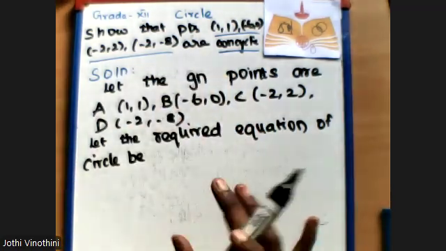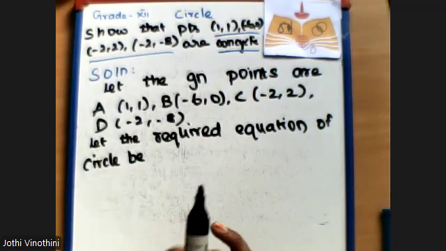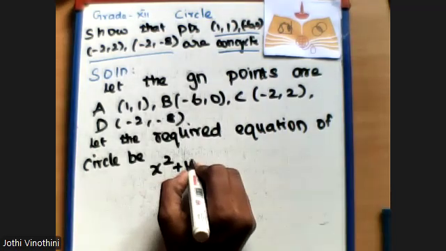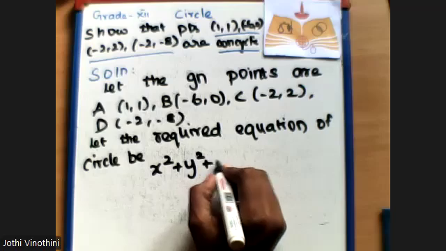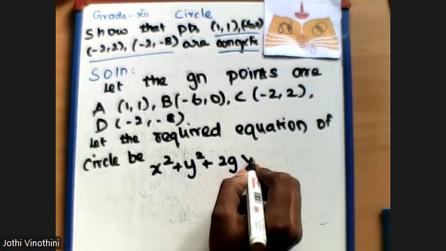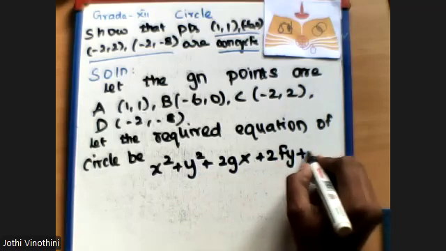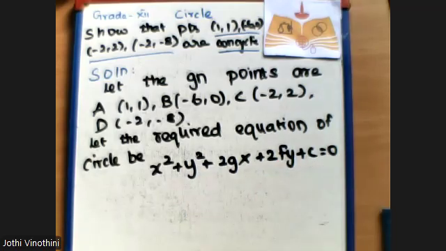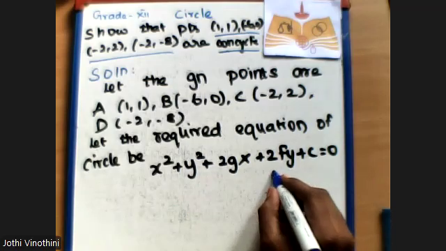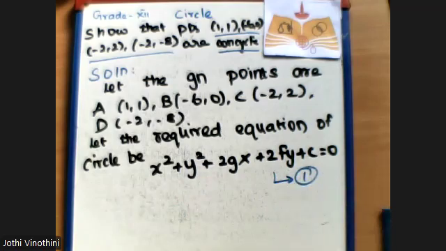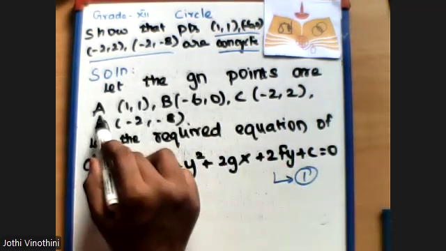Of course not. So we are going to take the standard equation: x squared plus y squared plus 2gx plus 2fy plus c equals 0. Clear? I'm going to name this as equation number 1. Clear?